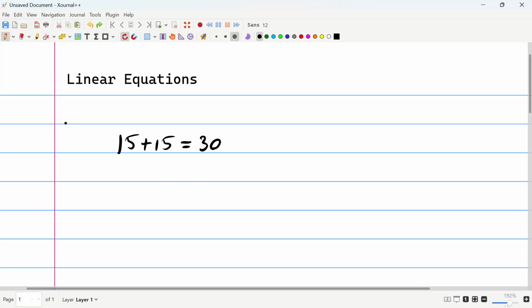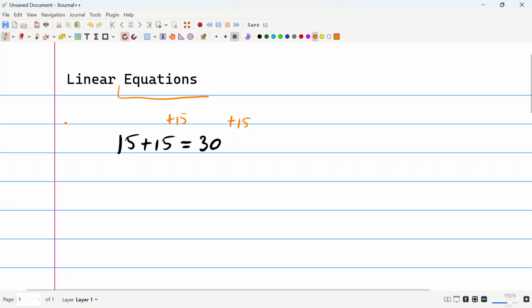So when we are dealing with algebra, what we need to know in order to solve equations is that what we do on one side of the equation, we have to do on the other side. For example, let's say I want to add 15 again. If I add another 15 here, I have to add another 15 here so that the equation can be true.